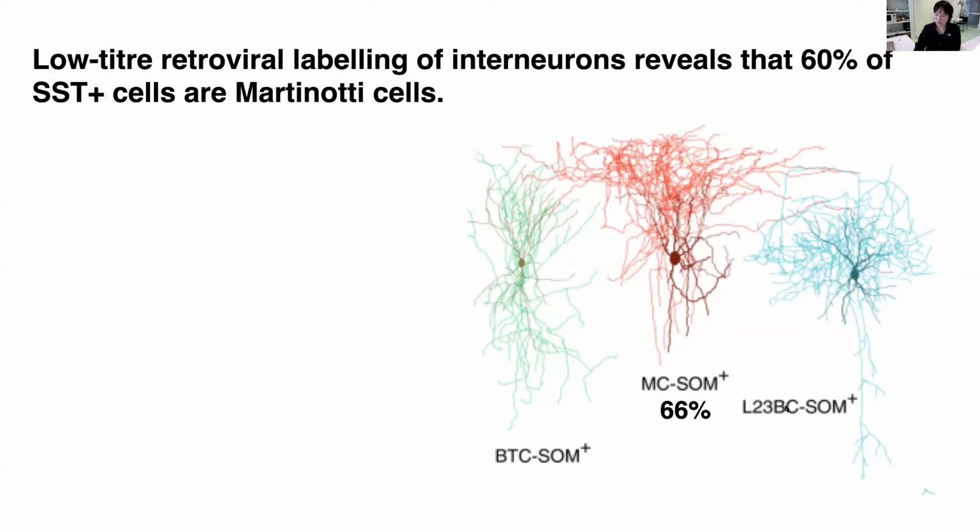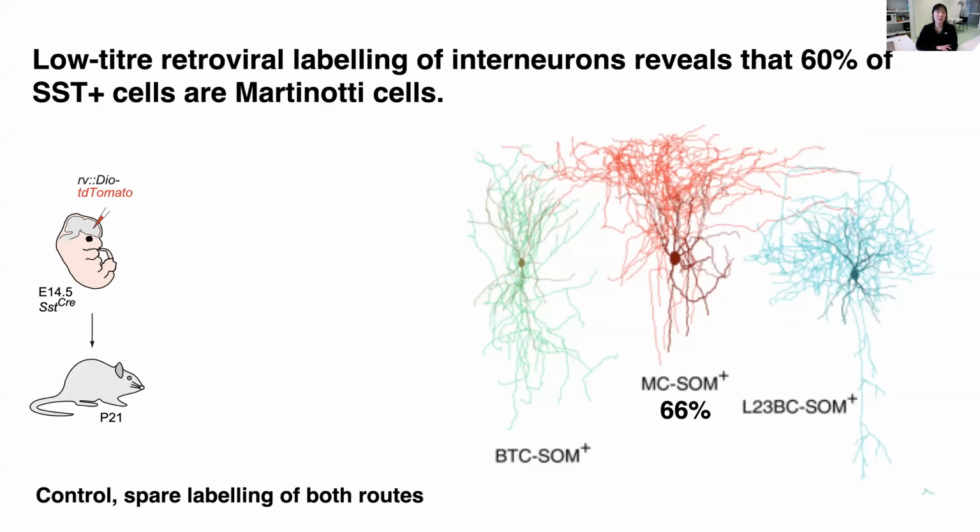To verify this, we injected a low titer retrovirus that expresses tomato in a conditional manner in the somatostatin-Cre animal at E14.5. Using this method, we know that we will mainly label layer 2-3 somatostatin cells.